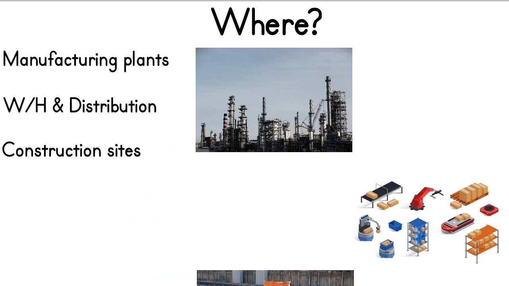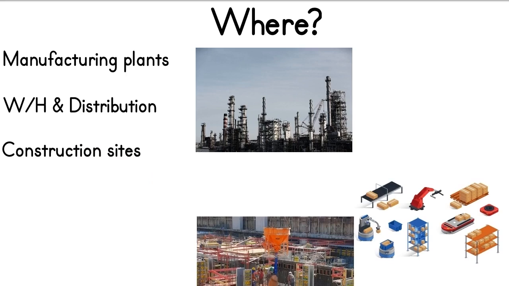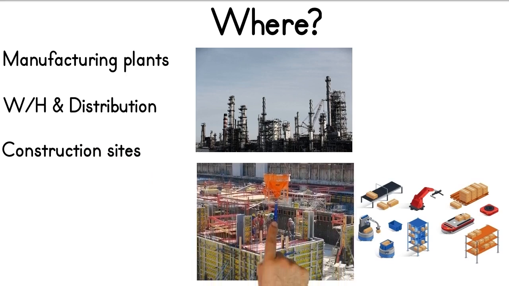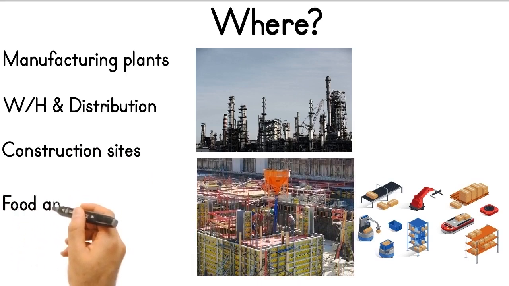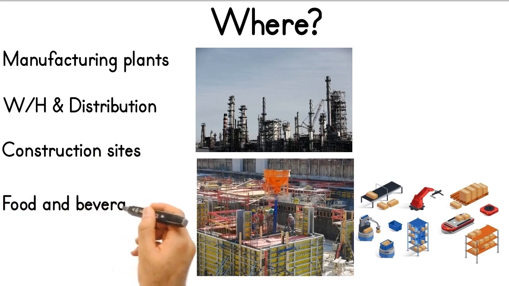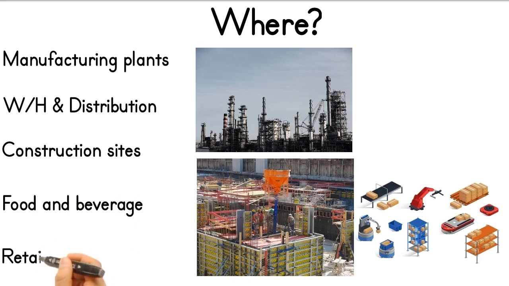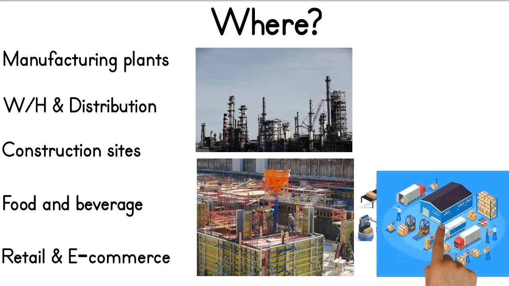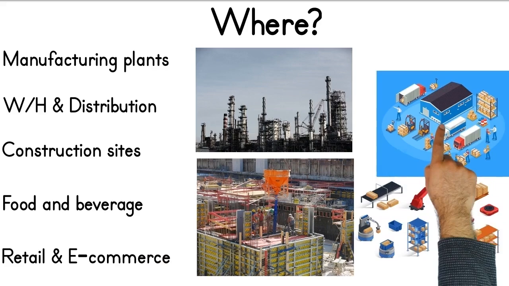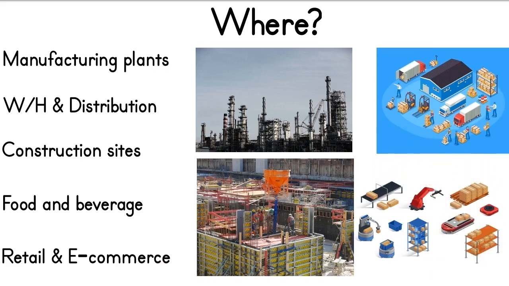Construction sites: in construction, material losses may happen due to theft, mishandling, or poor storage practices. Food and beverage industry: in this sector, material loss could include spoilage, wastage due to overproduction, or contamination. Retail and e-commerce warehouses: losses can occur due to improper storage conditions, overstocking, and inefficient logistics processes.